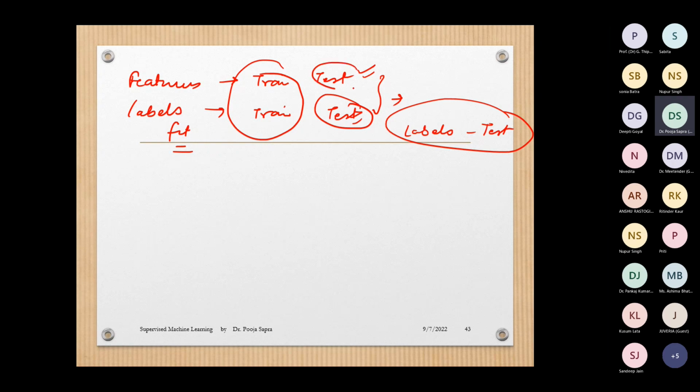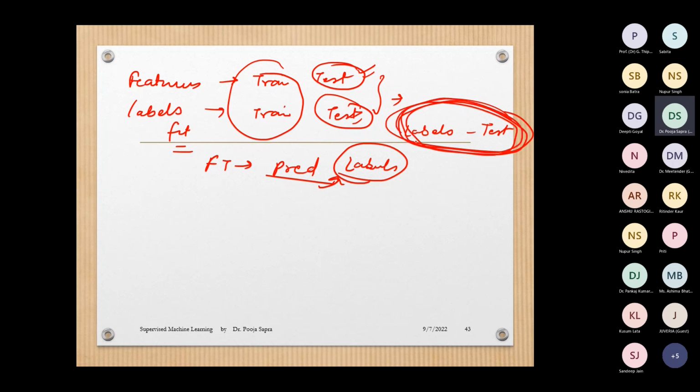From this features test, we are predicting the values of labels, and these predicted values, if they are equal to or closer to actual values. One is that which is given to me from where I have taken test data.